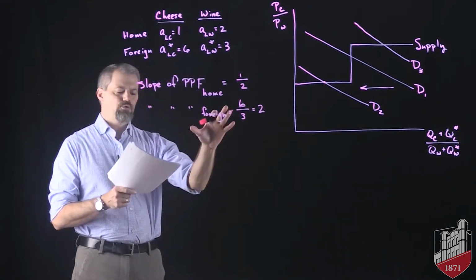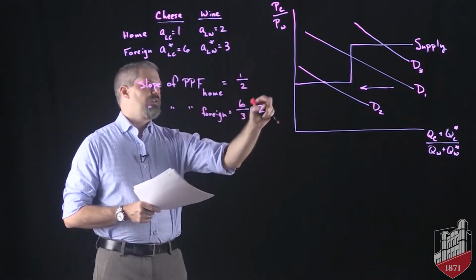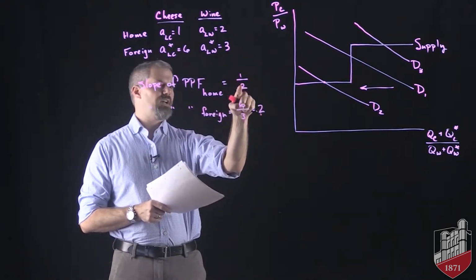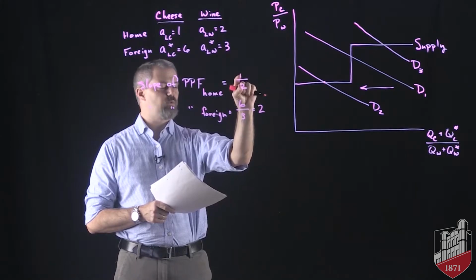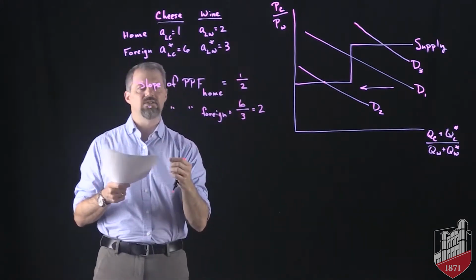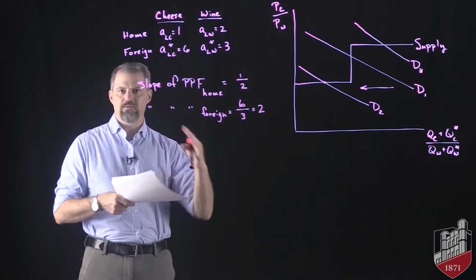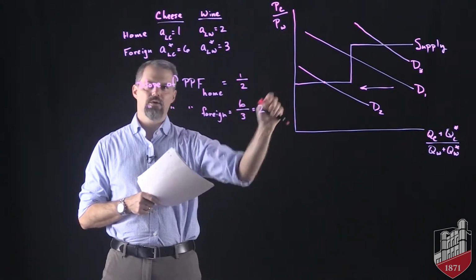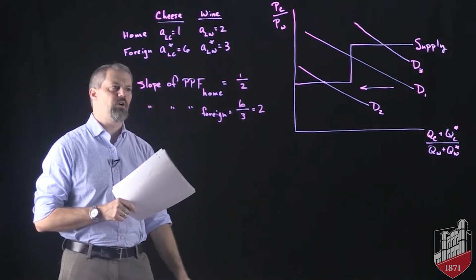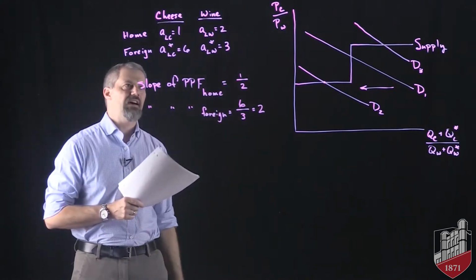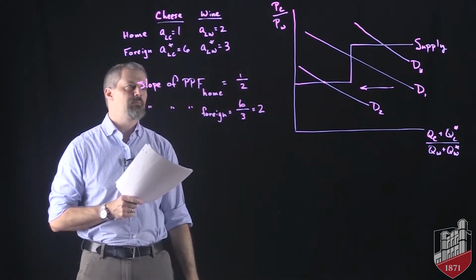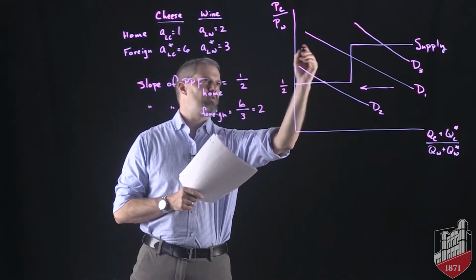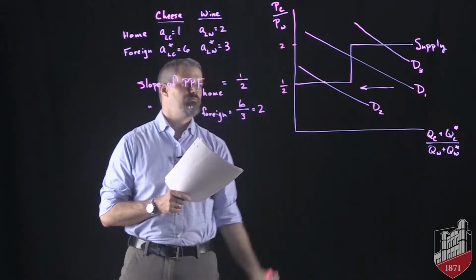So now when you drew your relative supply picture, the slope of Home's production possibilities frontier is the smallest one. That doesn't have to be the case. Foreign's PPF could have the smaller slope, and its number could go down here. But in our example, we're treating Home as if they have the comparative advantage in cheese. So this number over here would be 1/2. This number right up here would be 2.